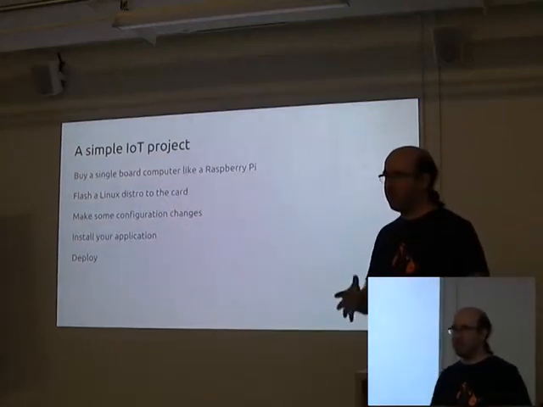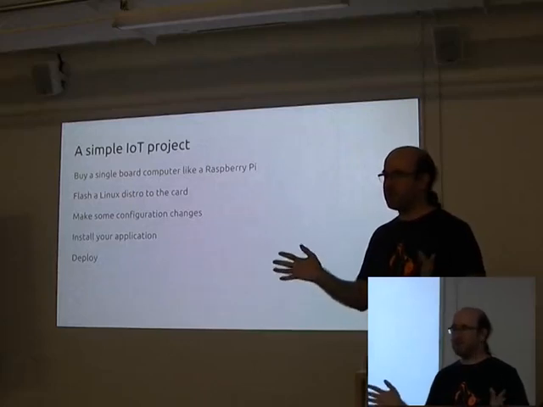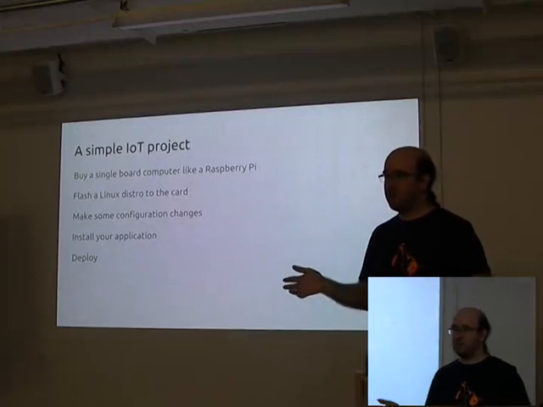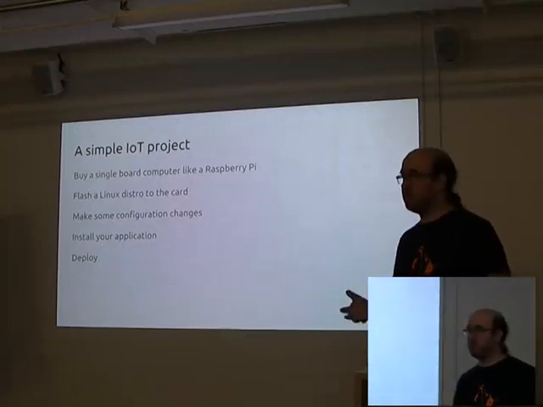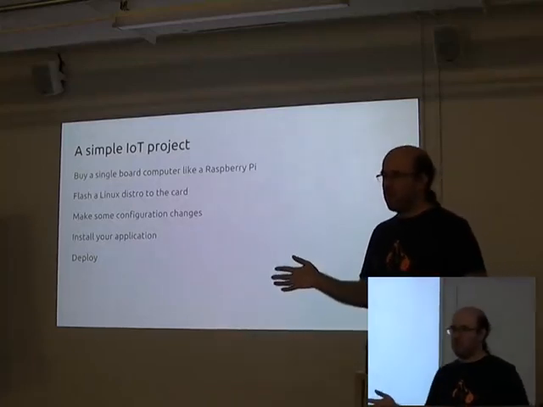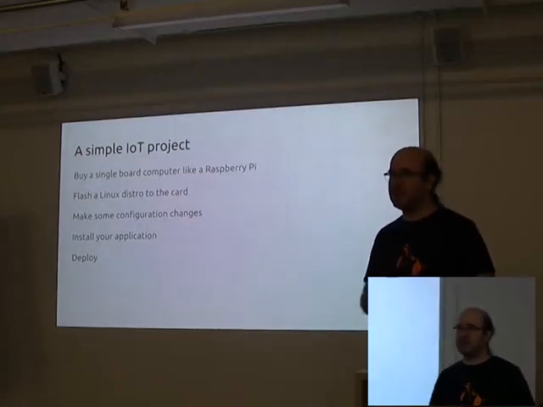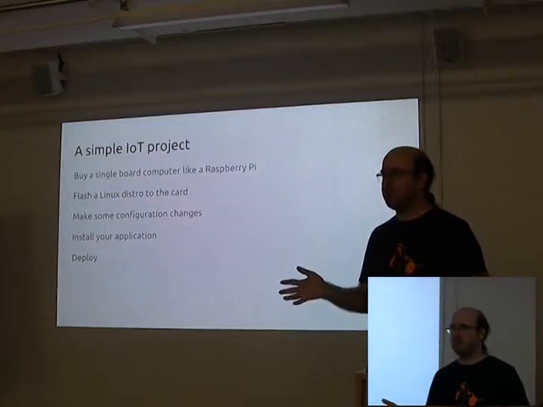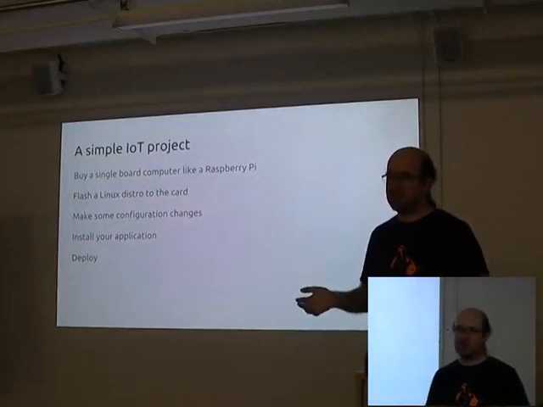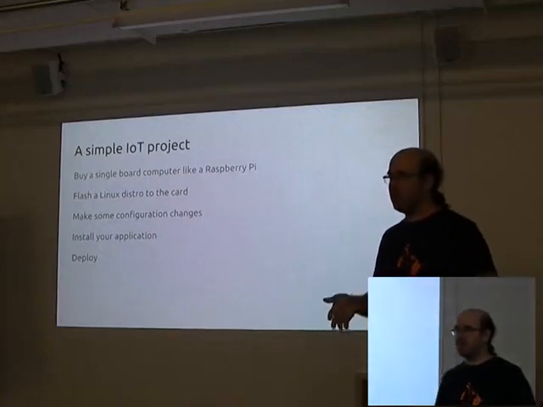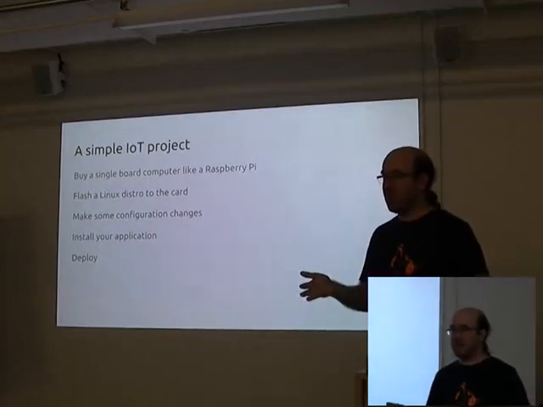So if you are building a hobbyist IoT project, usually you'll start by buying a single board computer. Raspberry Pi is a very common one, but you can also get some cheap Intel x86 chips or various other systems.